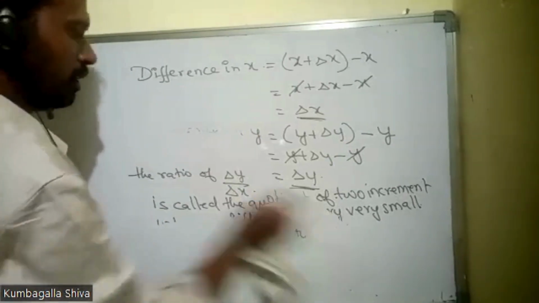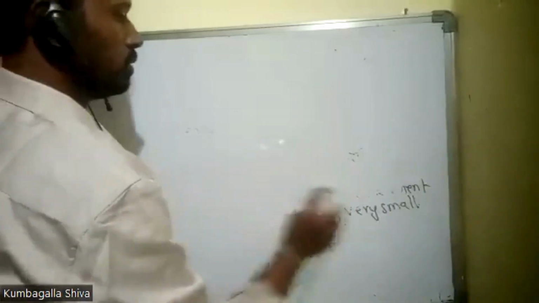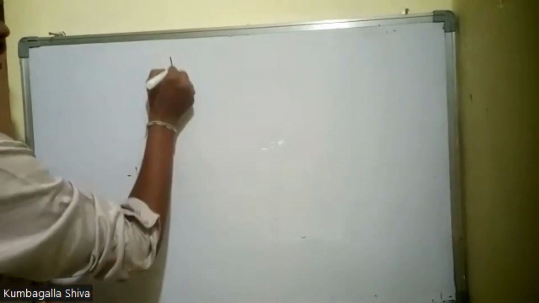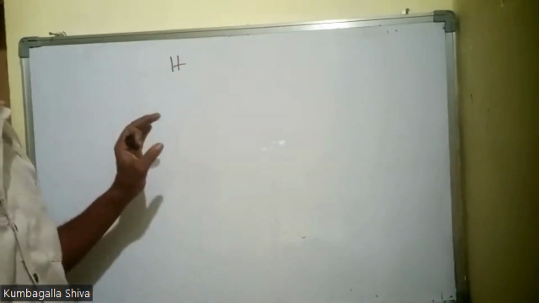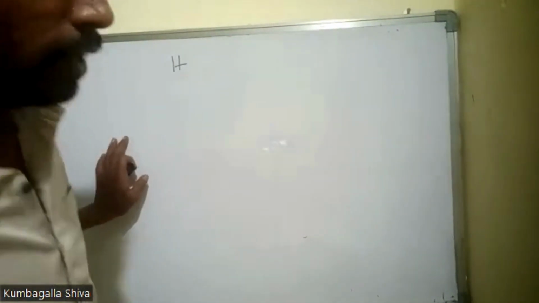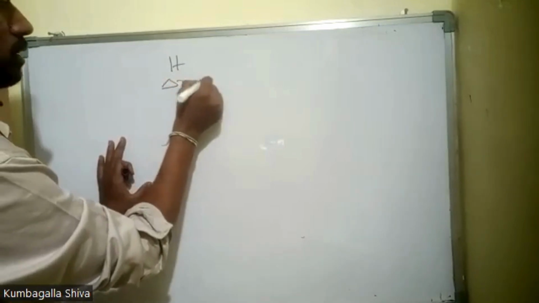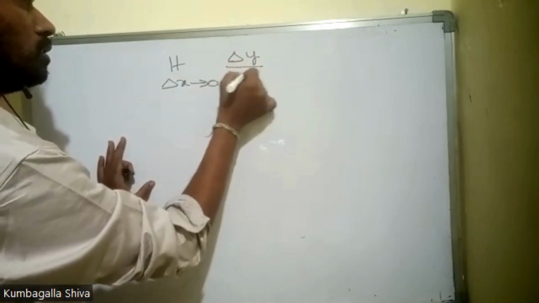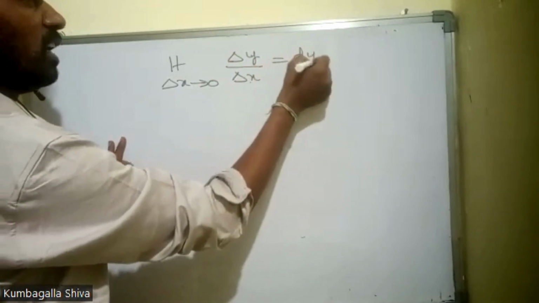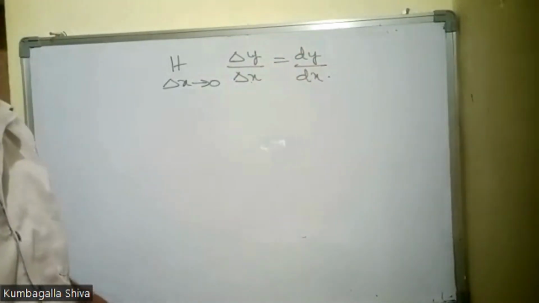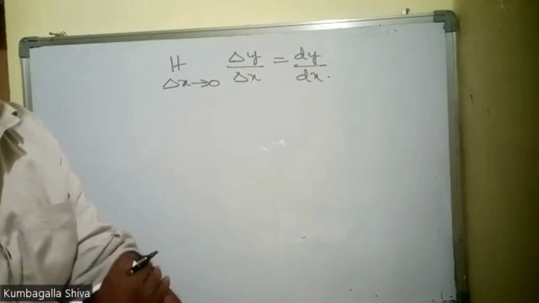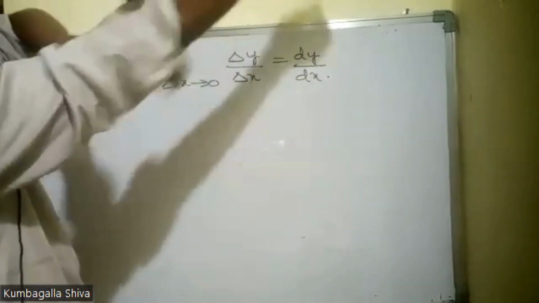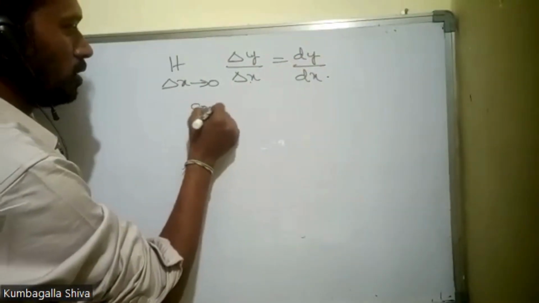Now the statement which I have written here can be written in mathematical form: the limit as delta x tends to zero of the ratio of the two increments, delta y by delta x, is equal to dy by dx. And what does this mean?